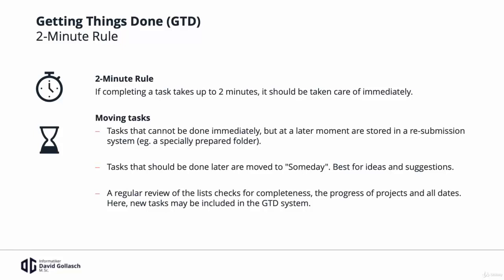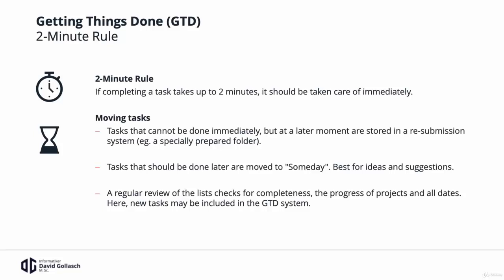not worth going through all these steps of the Getting Things Done system, but you could fulfill the task in a time that is shorter than that, then you should avoid putting it into your Getting Things Done system and processing it through all the workflow steps.